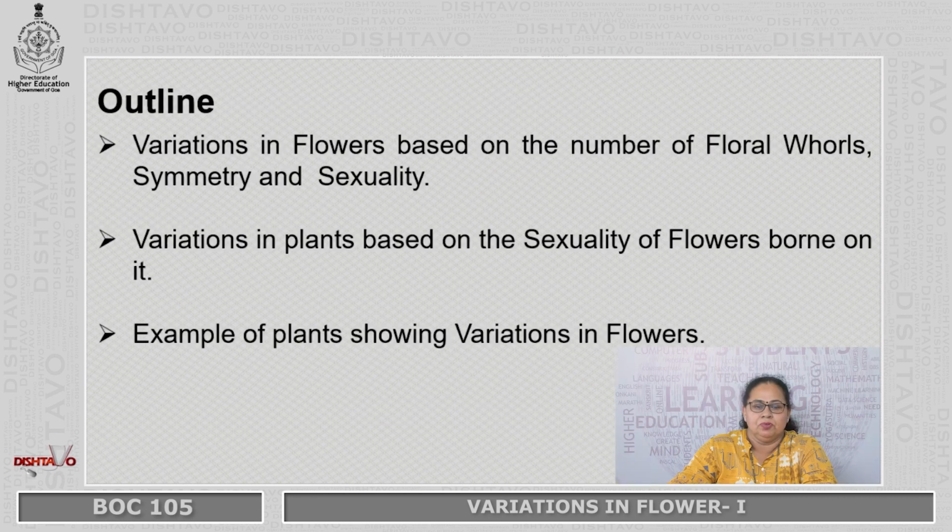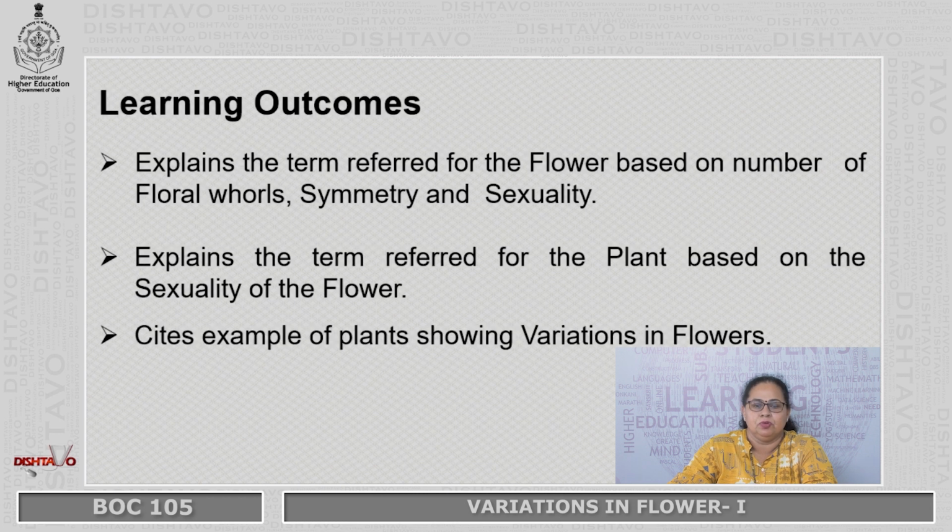The outline of the module is variations in flowers based on the number of floral whorls, symmetry and sexuality; variation in plants based on the sexuality of flowers borne on it; and examples of plants showing variations in flower.